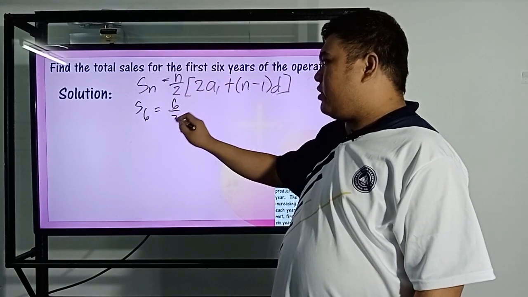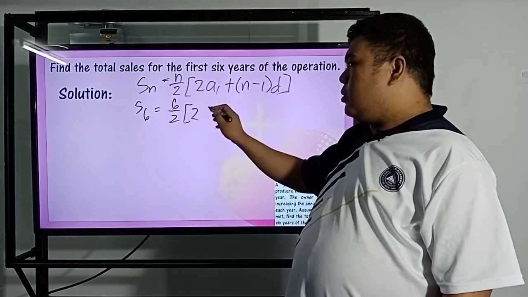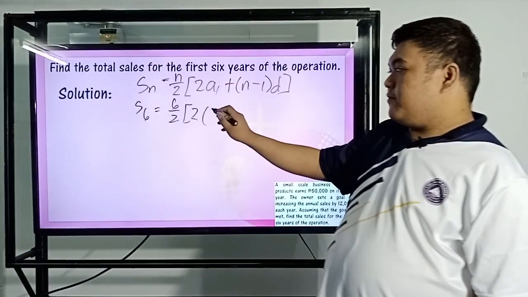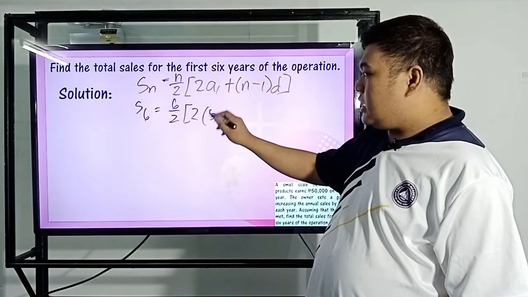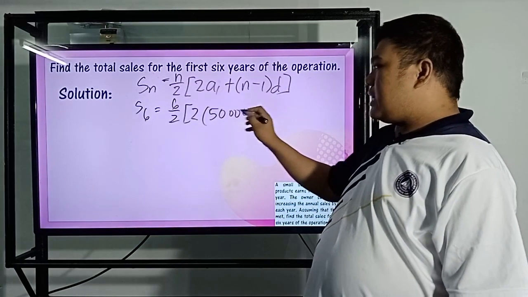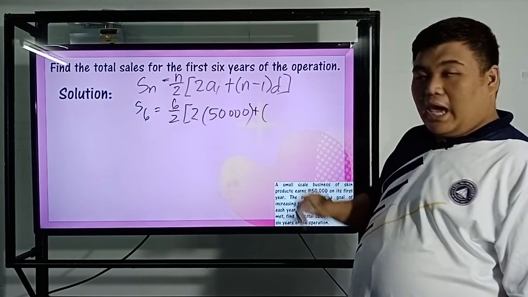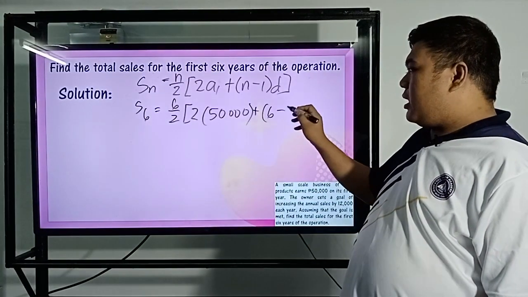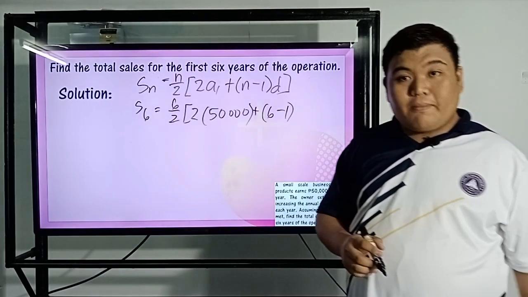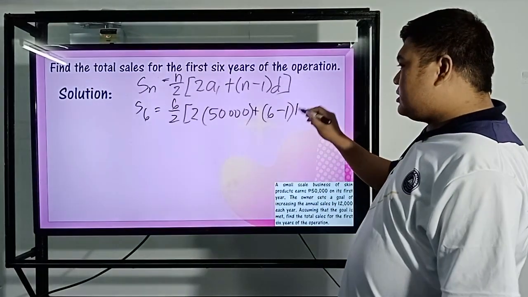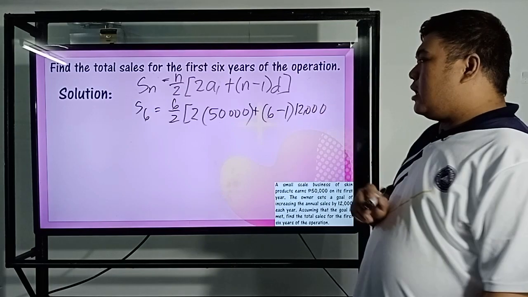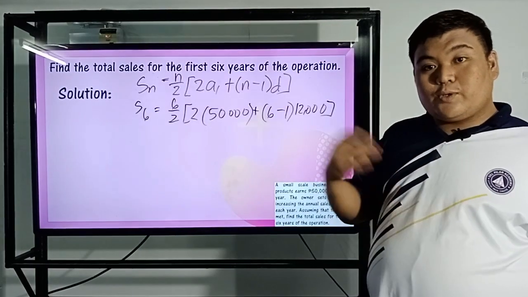So n is 6 over 2 times 2 a sub 1, the first term, that is yung una niyang kinita, that is 50,000 pesos, plus n is 6 minus 1 times, ano yung common difference kanina? That is 12,000 pesos, yung gusto niyang madagdag.